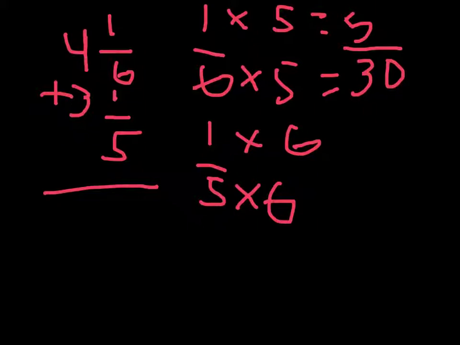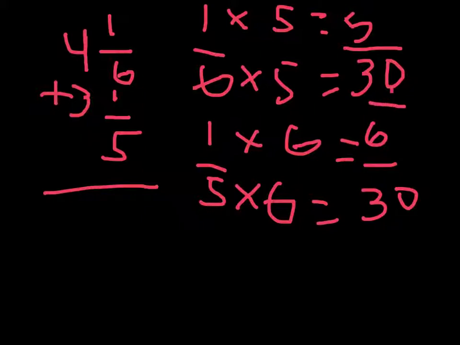So we'll do 6 here and 30 right here. And then we'll do 5/30 plus 6/30, and that would equal 11/30.